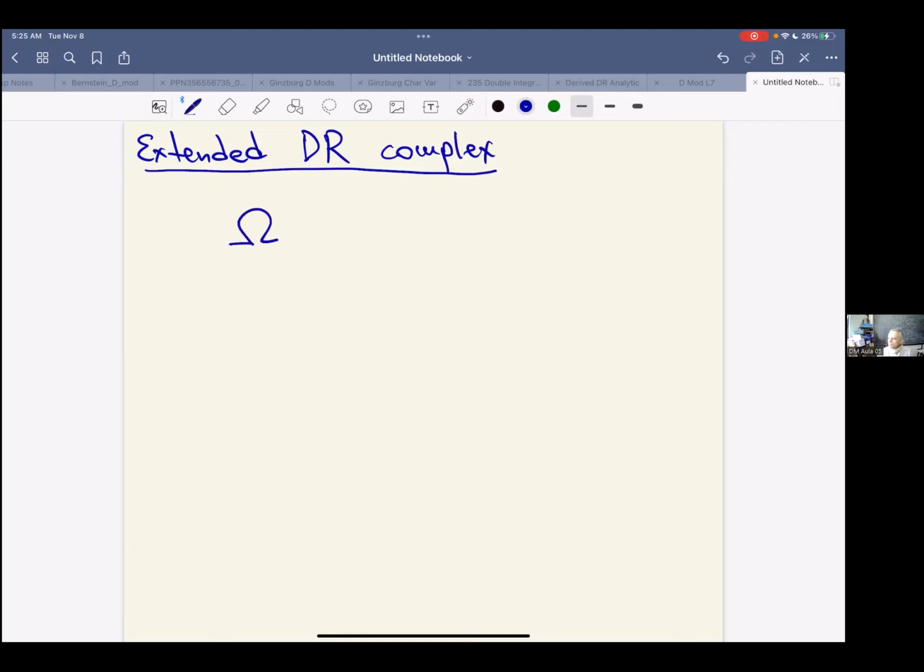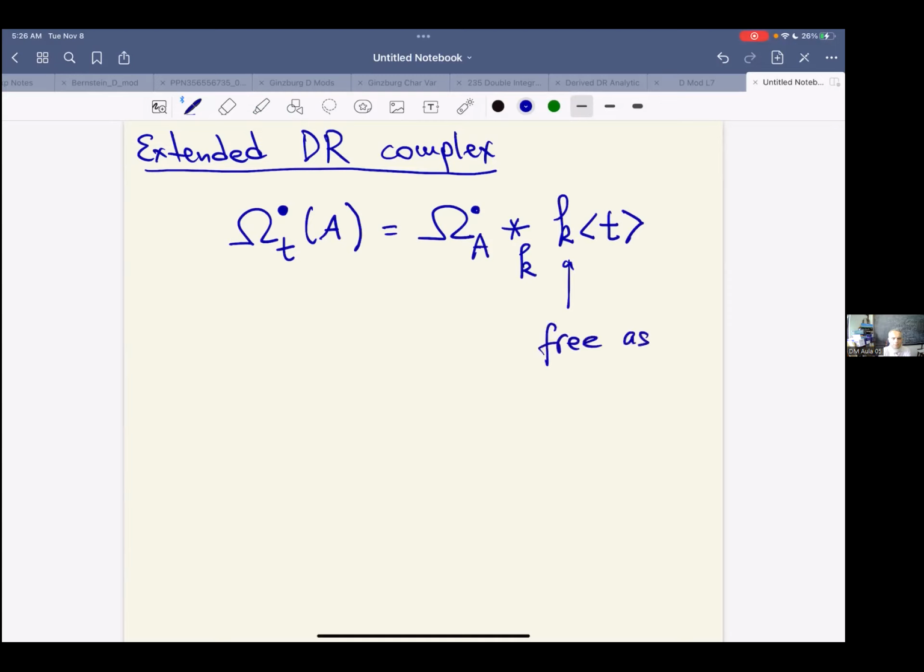First of all, this is the same as K with just polynomials in T, almost a free algebra in one variable of degree 0.